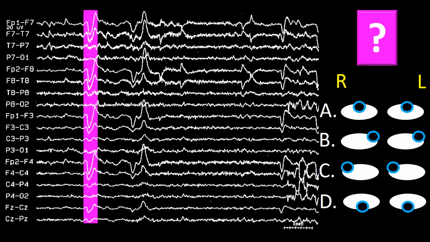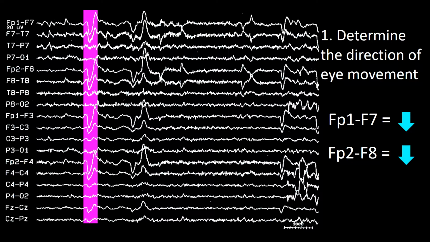Next question. Please take a look at this frame and choose from A, B, C, and D the best answer. When trying to determine the side of gazing, it is best to have an organized approach. The first step is to determine the direction of the deflection present at FP1 to F7 and at FP2 to F8.